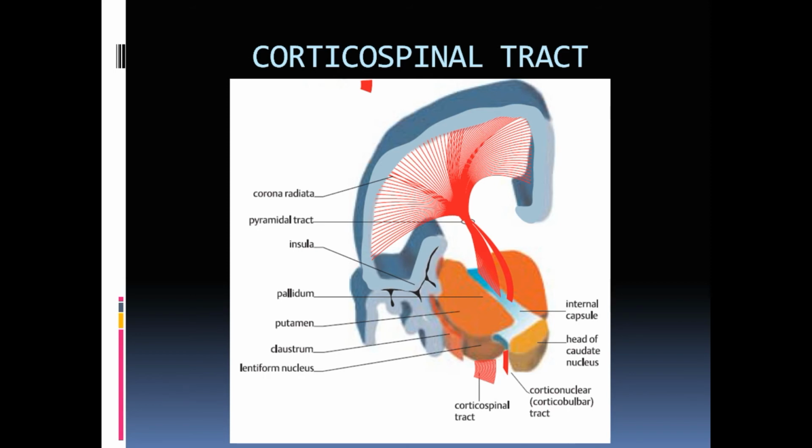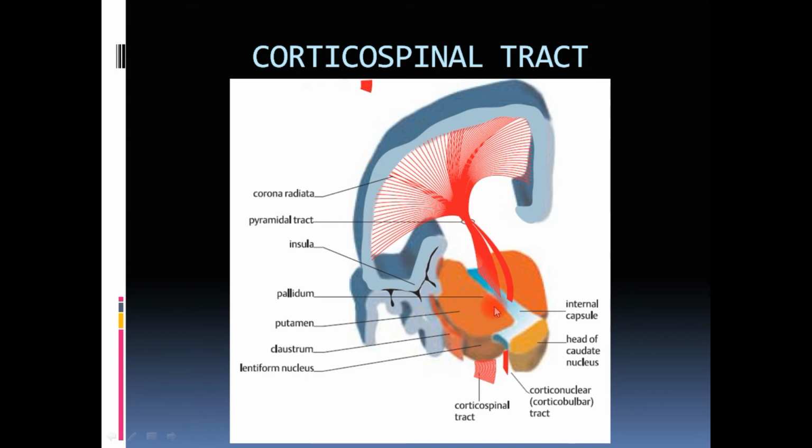The formation of tracts occurs here, and this fanning structure is called the corona radiata. Once the tract is formed, it passes through the internal capsule, the posterior portion of the internal capsule, in between the caudate and the putamen nucleus.